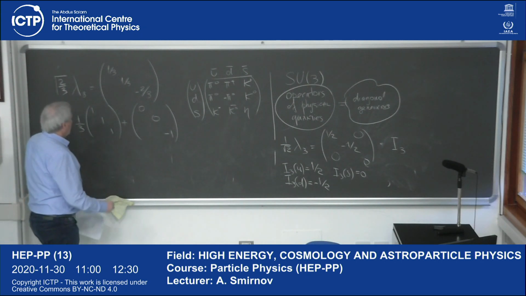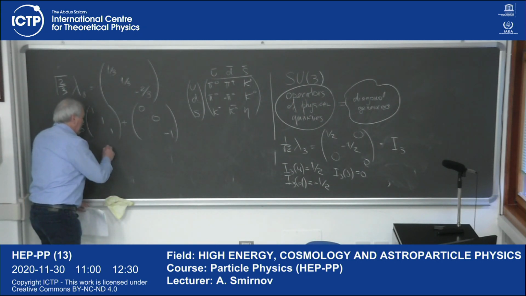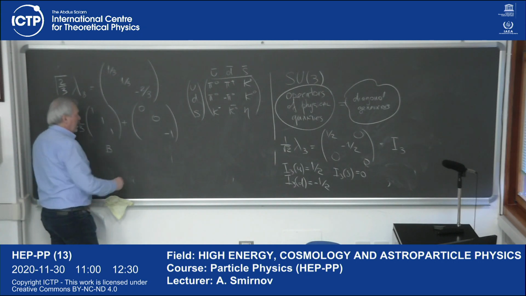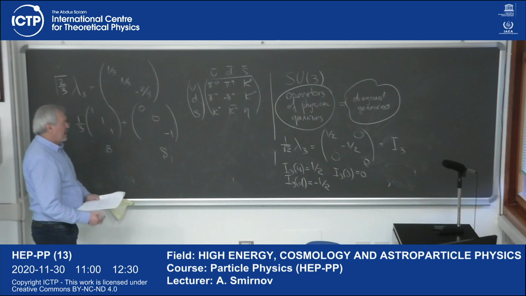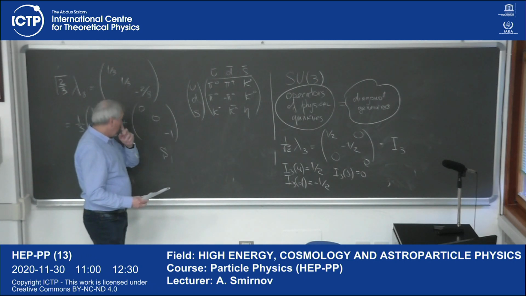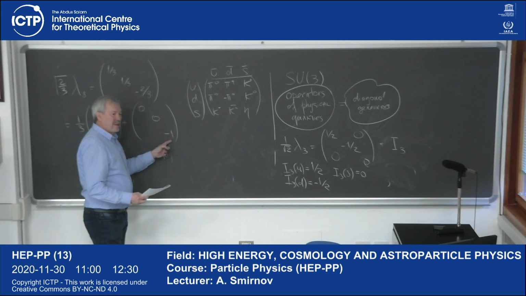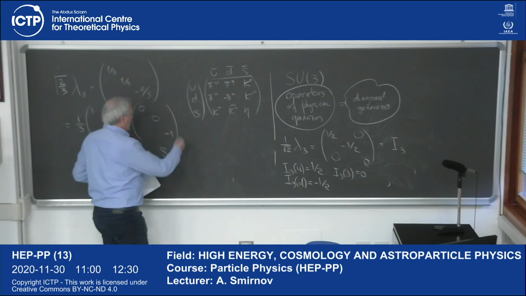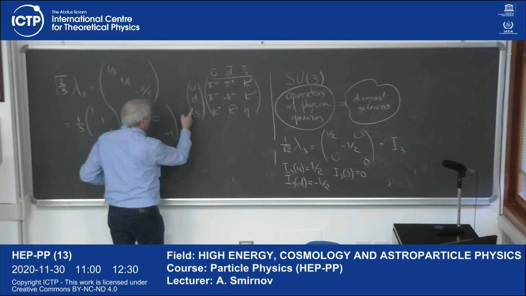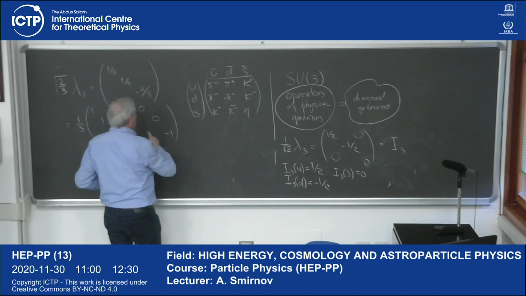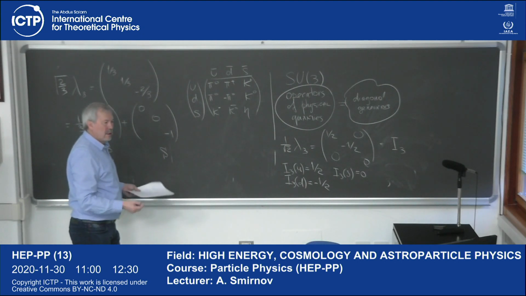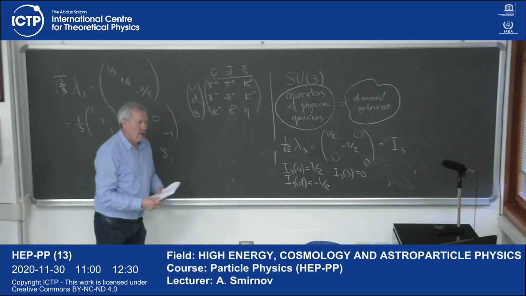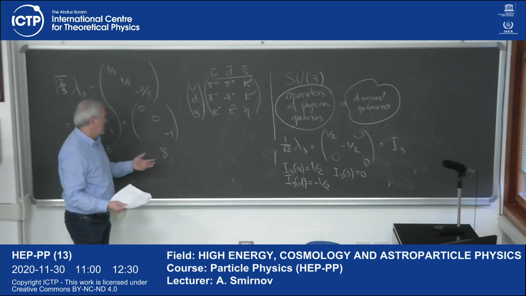These components can be identified with baryon number and with strangeness. And so we see that the third quark, the strange quark, has strangeness minus 1. And U and D quarks have 0 strangeness. And this is what we need, right? U and D are what make up proton and neutron, and so they should have 0 strangeness.